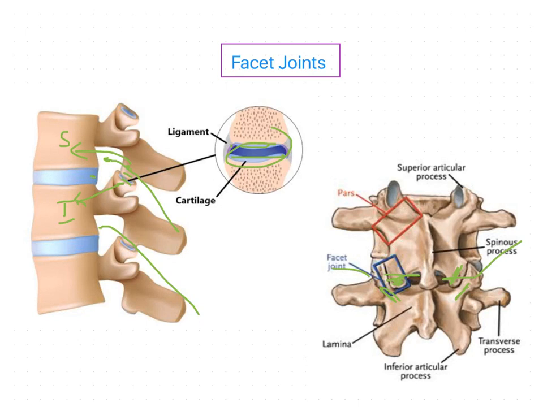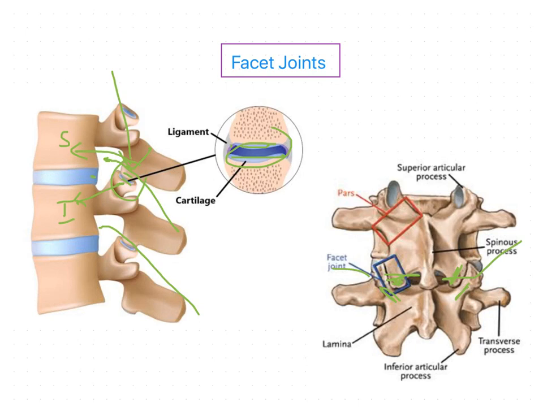So this is the structure of the zygapophyseal joints. The function of these facet joints is that they allow a considerable range of motion, absorb loads, and provide support and proprioception.